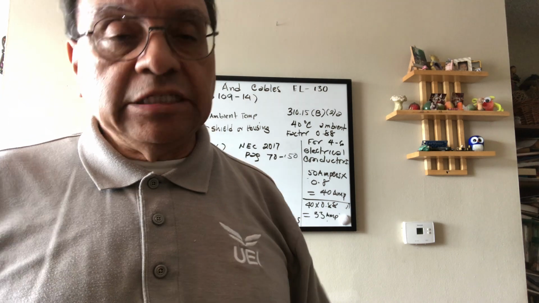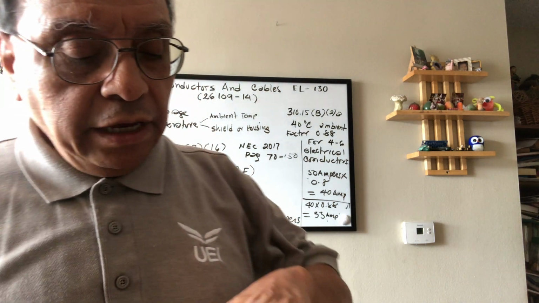Okay, and this has an explanation. Each electrical conductor produces a magnetic field, and the magnetic field affects the other electrical conductors. When they are together, plus the metal or the pipe or encapsulated in the same raceway, they produce higher temperature. The more electrical conductors, the more intense is the magnetic field.